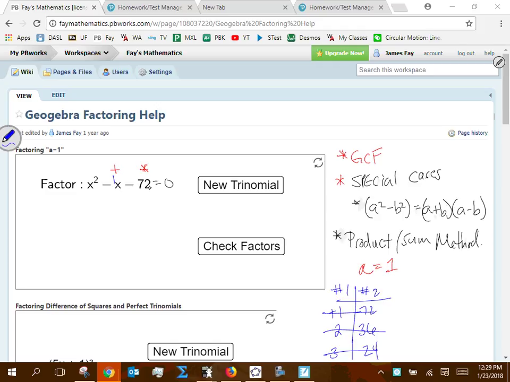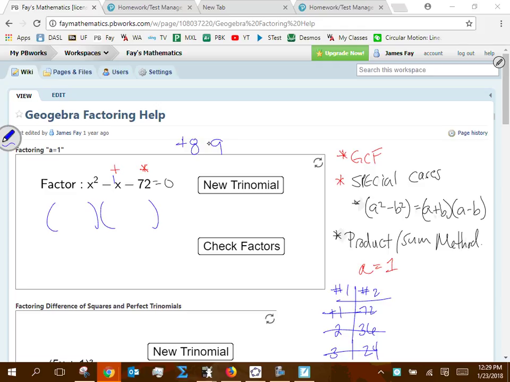Then that tells me the two factors that I'm going to need to multiply together to get this are close to one another. Does that make sense? Okay. Now 8 and 9 are the numbers that are going to multiply together to give me 72. But one of them needs to be negative, right? Is that going to work? Is negative 8 and positive 9 going to give me this negative 1?